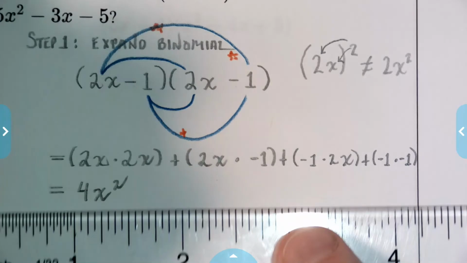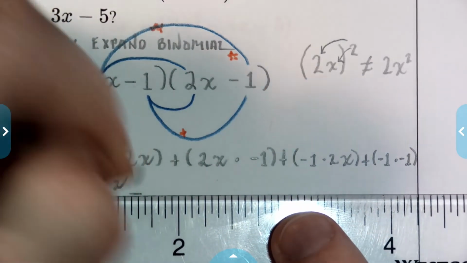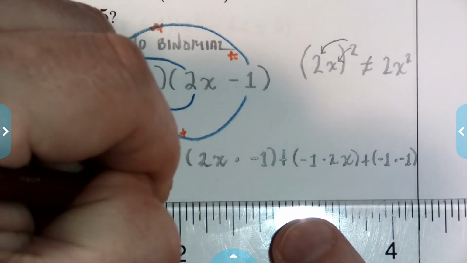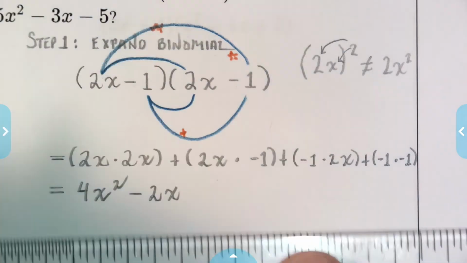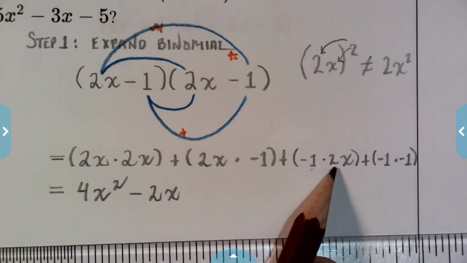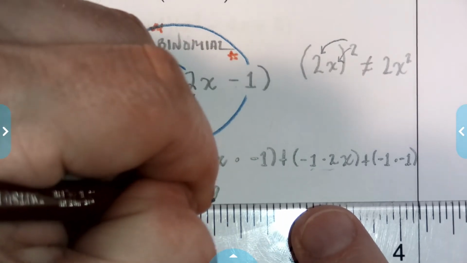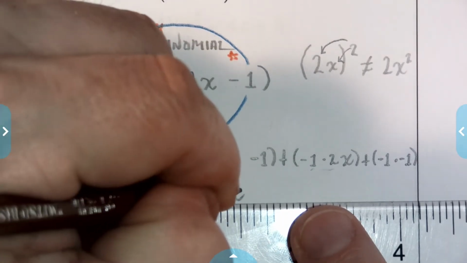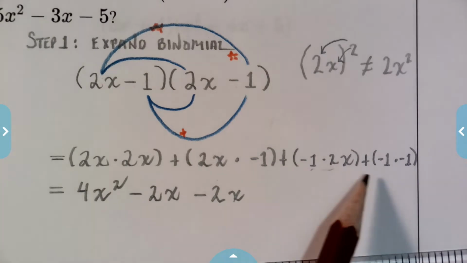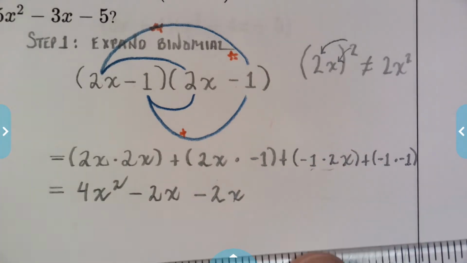2x times -1 is going to be negative 2x. -1 times 2x is going to be negative 2x. And then -1 times -1 is positive 1.